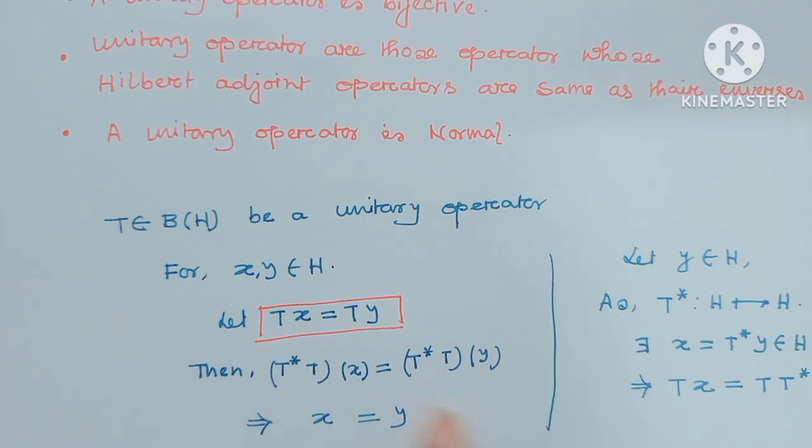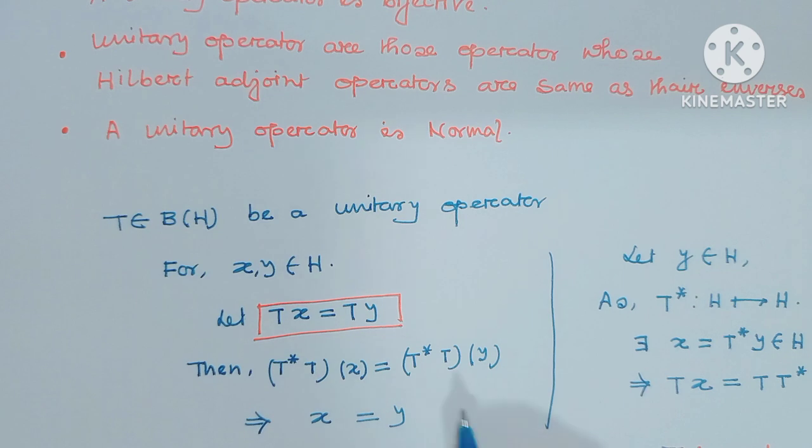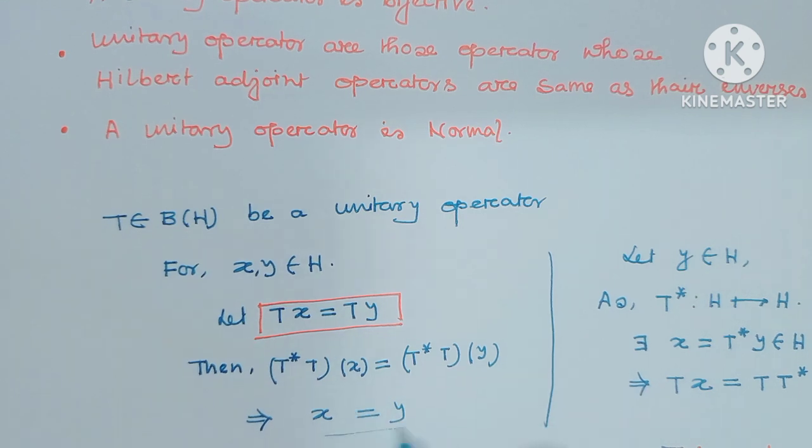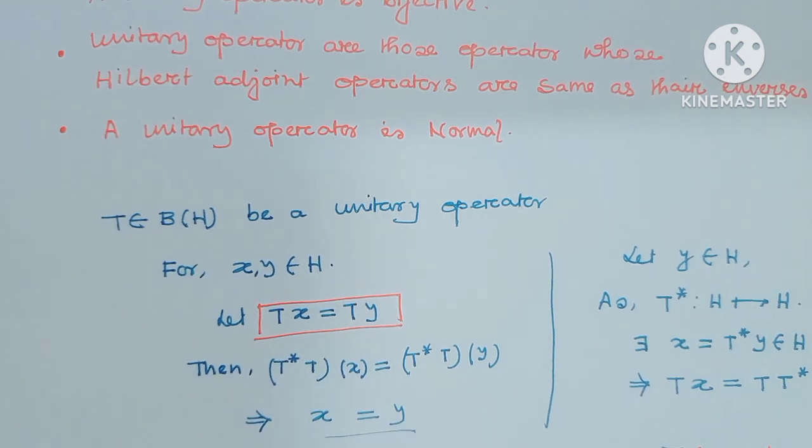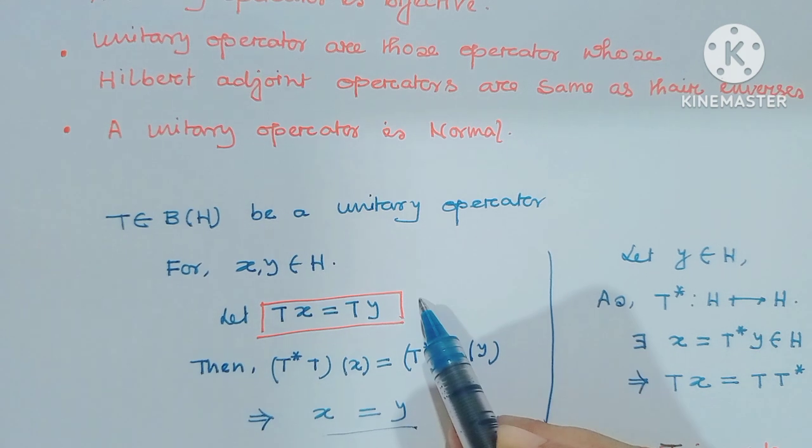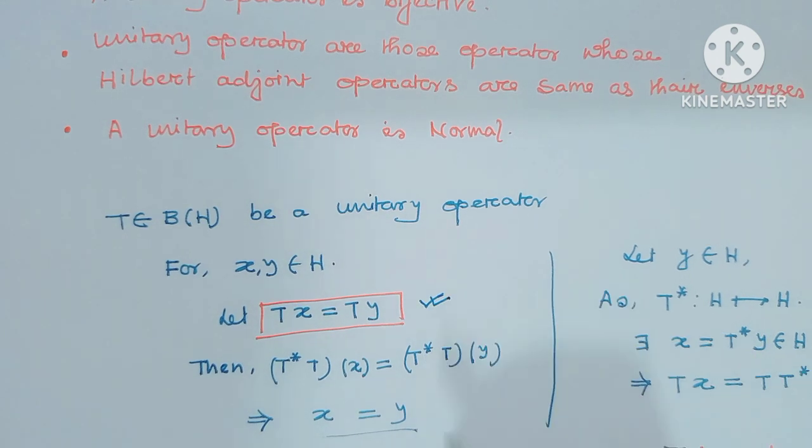Now multiply both sides by T star, then T star Tx equals T star Ty, and since T is a unitary operator, T star T equals identity, that implies x equals y. Since Tx equals Ty implies x equals y, T is one-one.